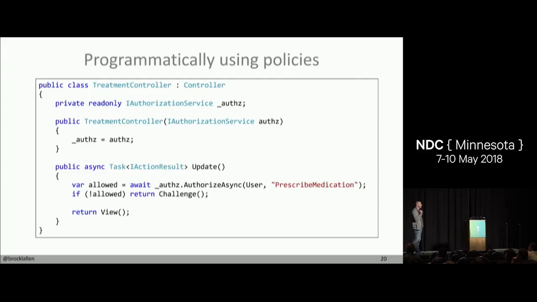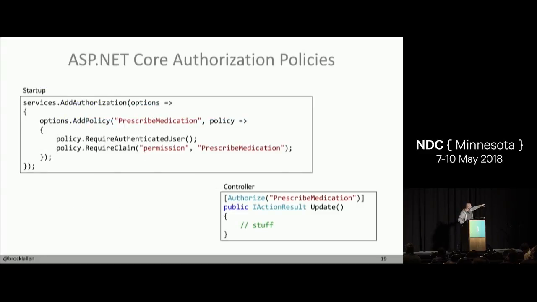This is coming from ASP.NET Core, and this ASP.NET Core service, authorization service, allows you to programmatically check with this authorize call. And you can say authorize the user, and you say the name of the policy. Okay, so again, the string on the right there, prescribed medication, is basically then finding the policy up in the top left, which is then checking a permission, which we mapped from our JSON file.